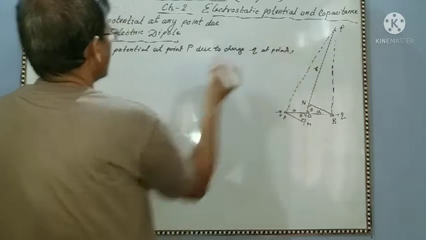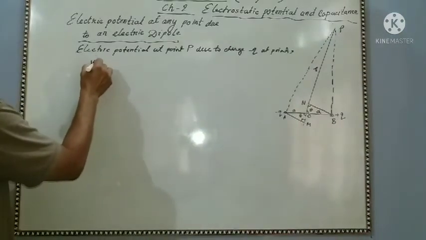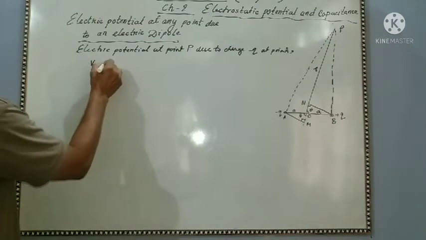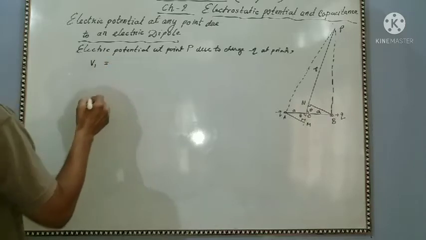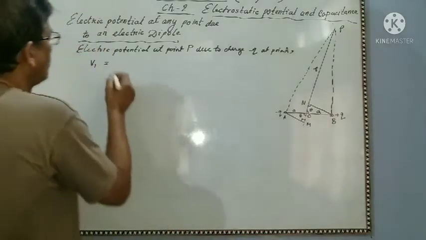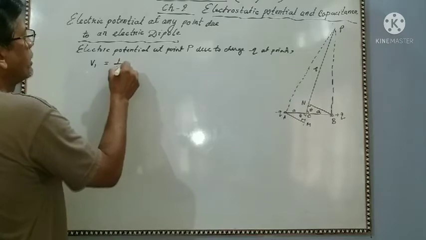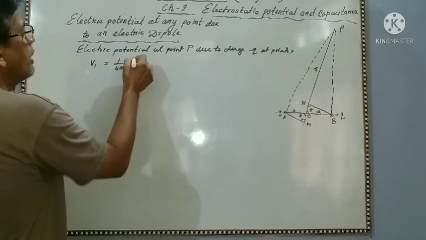Say this is V1. V1 equals one by 4 pi epsilon naught, minus q by AP.